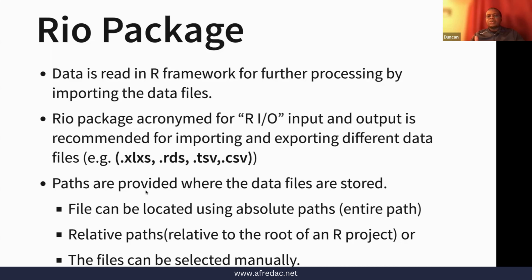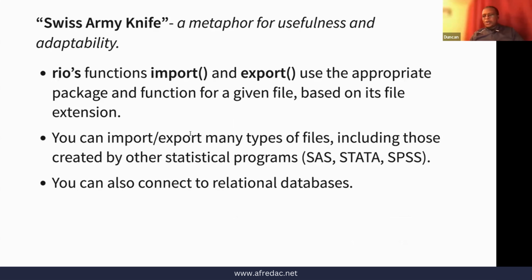Relative paths are paths which are relative to the R project. For absolute paths, you give the entire path, okay? The way we look for the path where a certain thing is, you copy that path and you paste it into that function. So we need to look at the effects of providing different paths, how it affects importation of data, okay?